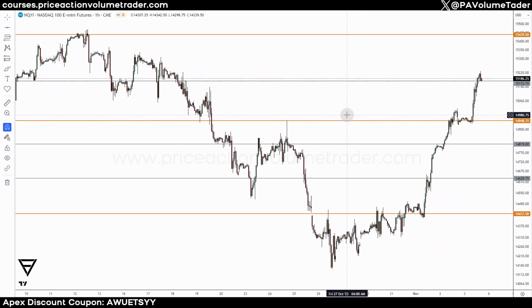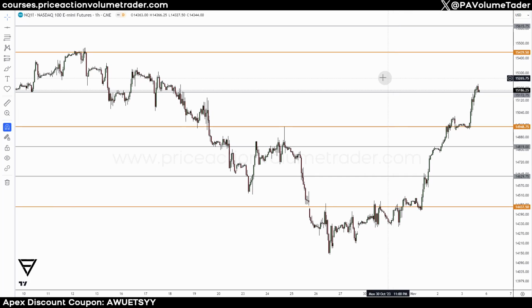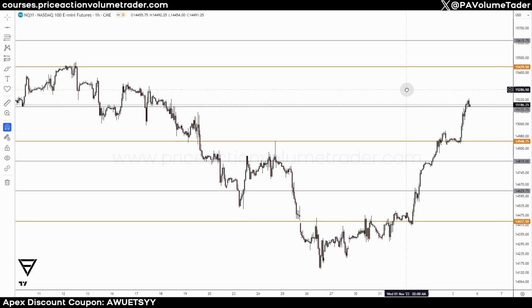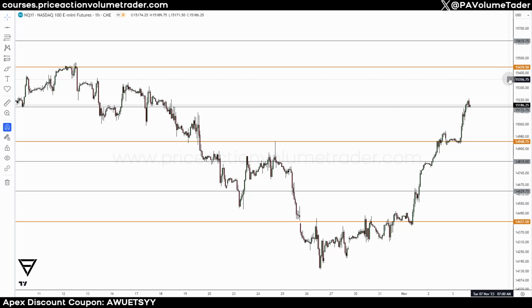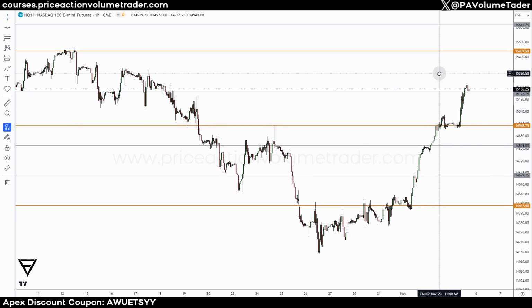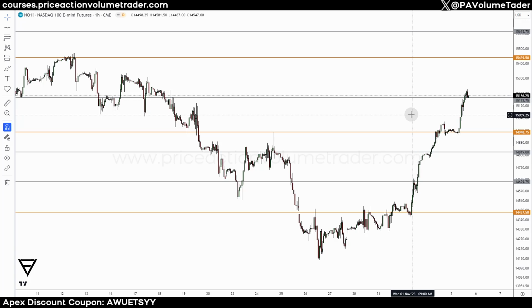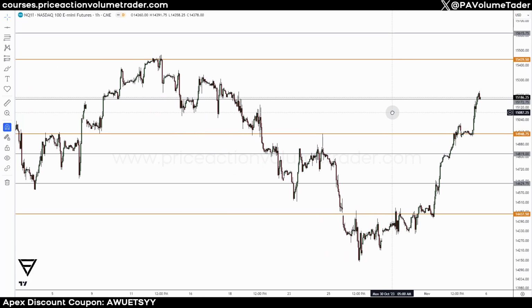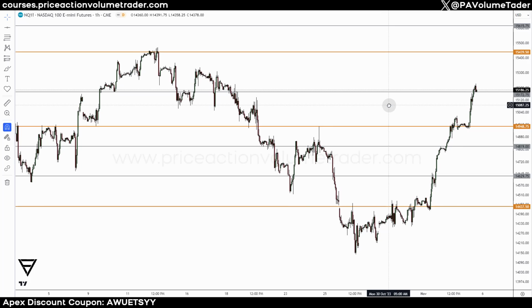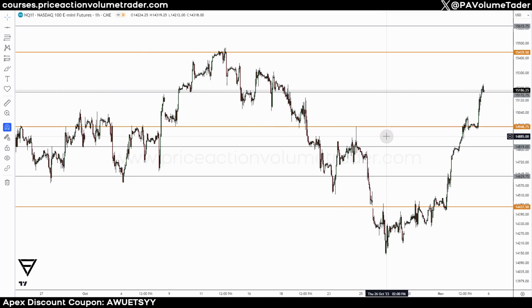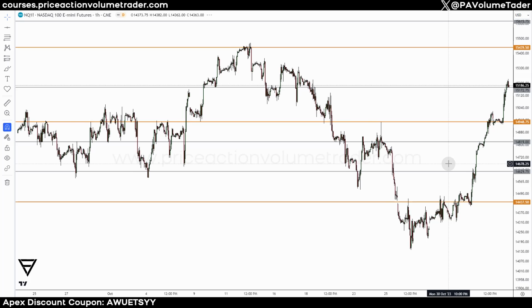Now in the 1 hour time frame, you can see we have all the higher time frame levels in orange, the lower time frame levels in gray, and you can adjust this as you see fit, just to have the most confluence of hits.